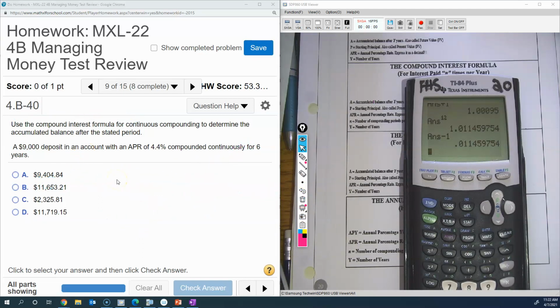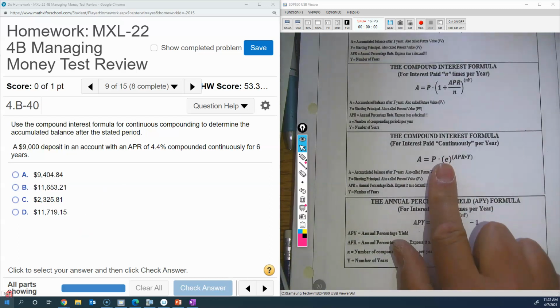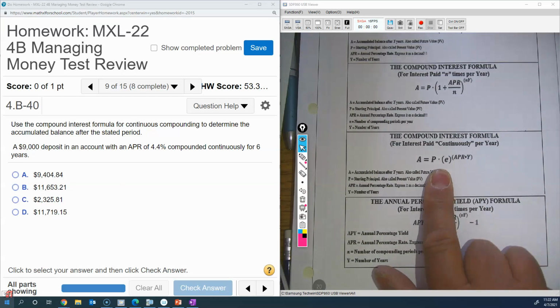Okay. All right, now you get into continuously. So your money's growing every single instant. All right, so when your money's growing continuously, now we're down to this formula.